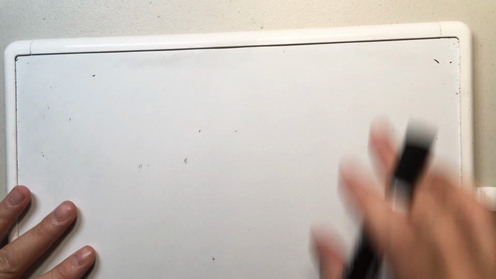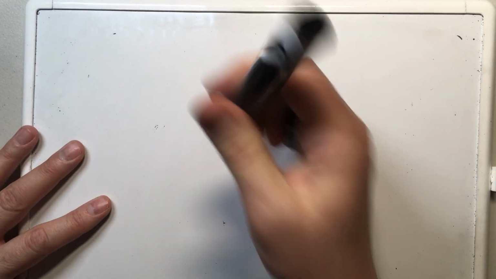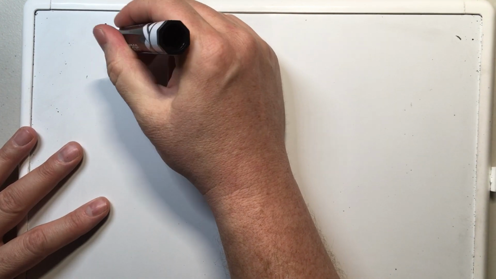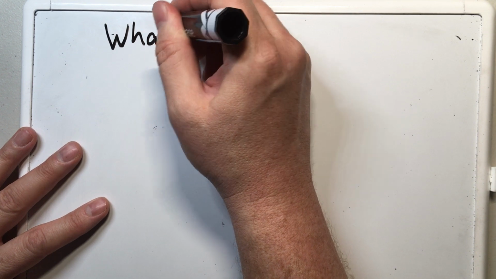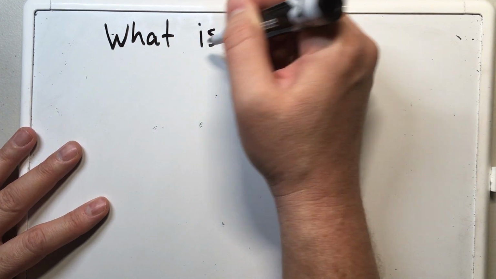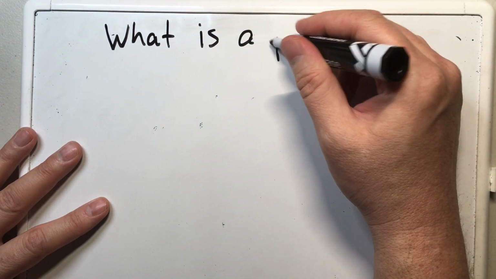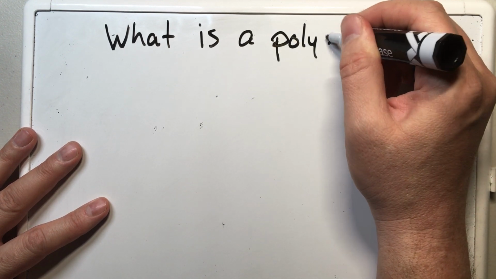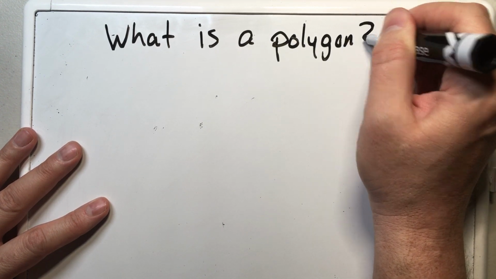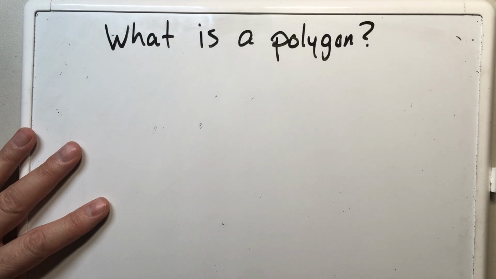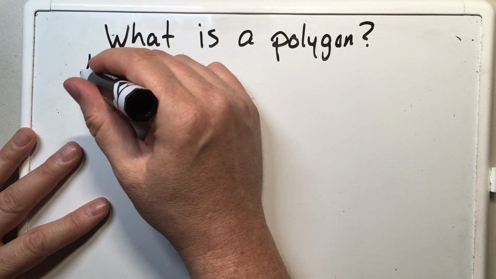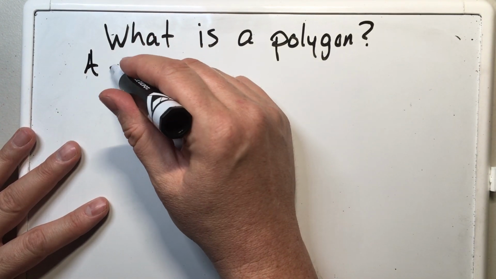Keep it this way. What is a polygon? A shape with many angles. Okay, so it's a shape. A polygon is a shape that has straight sides.